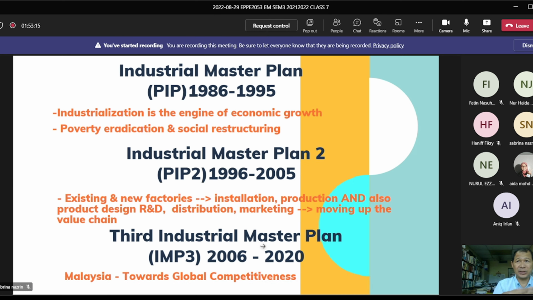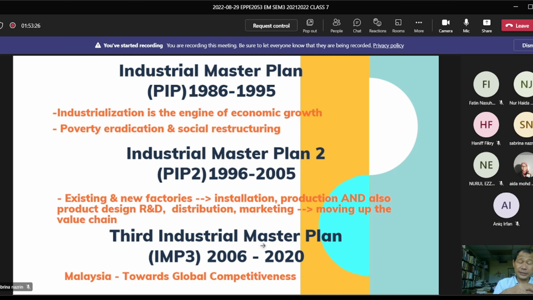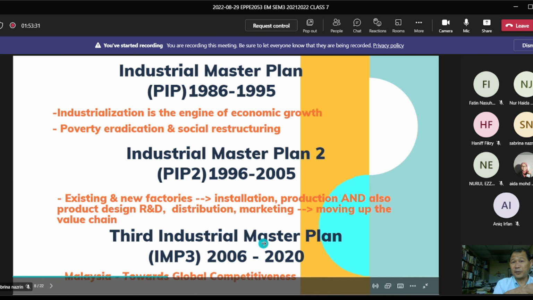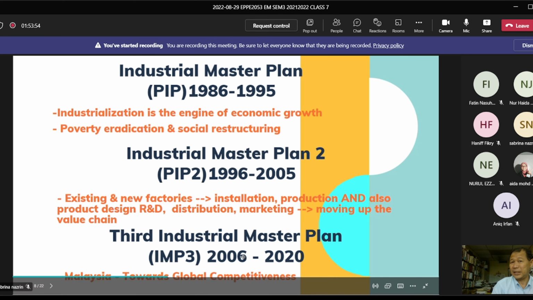If there is a crash in the market, if there's a global economic recession, the service sector would be the most affected. Of course, other sectors are also affected, like manufacturing. For example, in a global recession, Malaysia's manufacturing will be affected because the export markets are in the United States, Europe, and China.